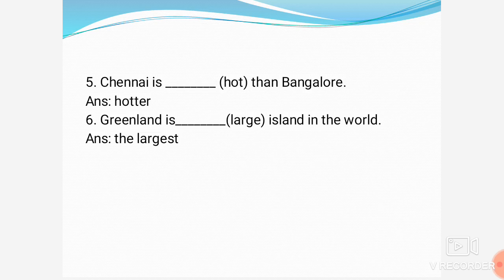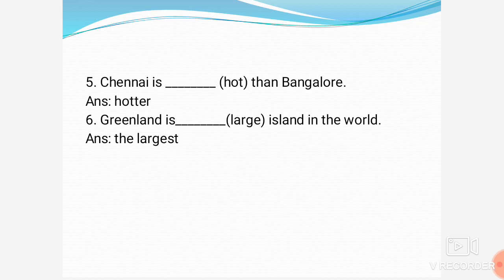Ends with a vowel plus a consonant. Yes. O is the vowel and T is a consonant. So what we have to do? We have to double the ending consonant and add ER. Why? We are comparing two places. So it becomes Chennai is hotter than Bangalore.